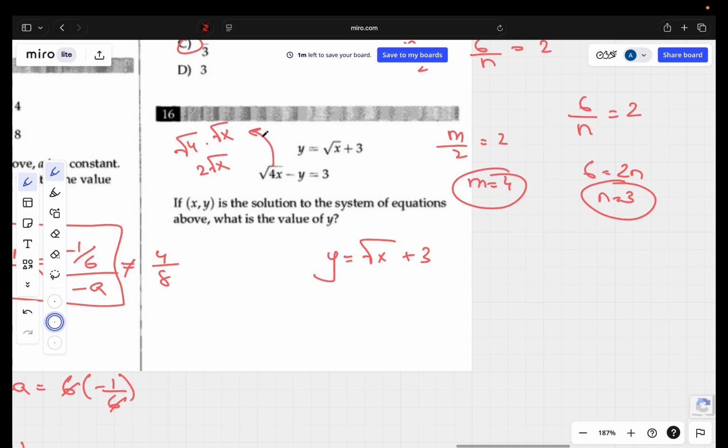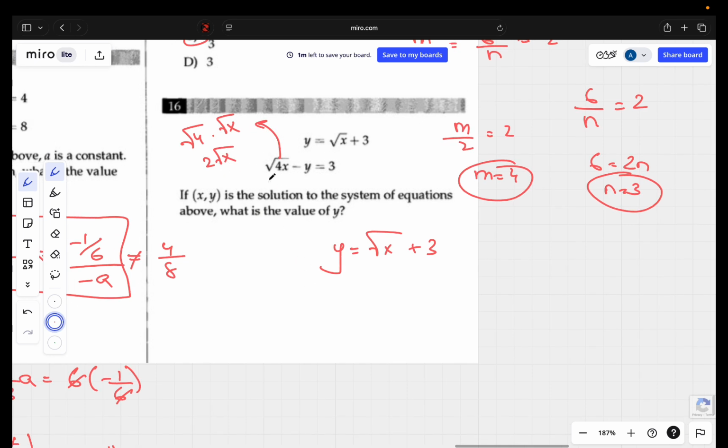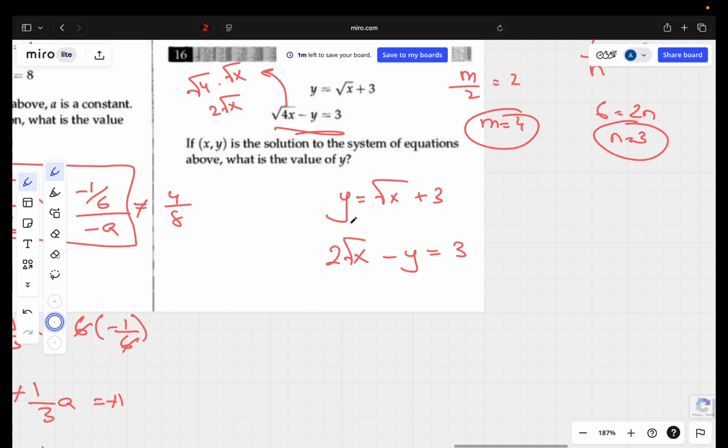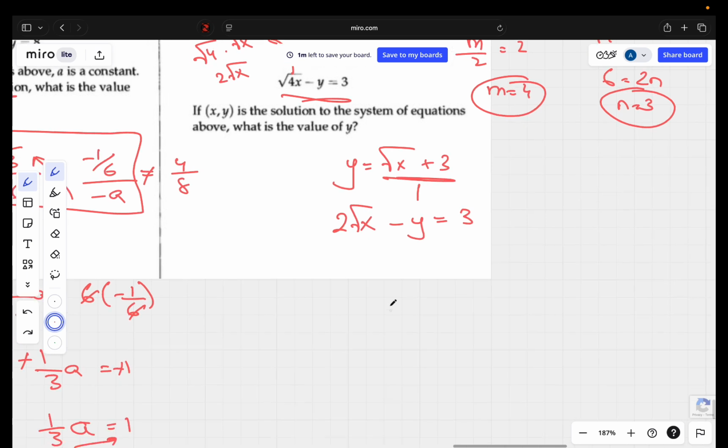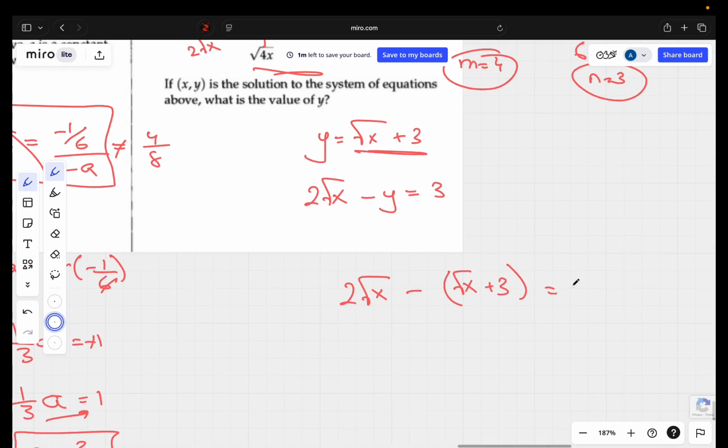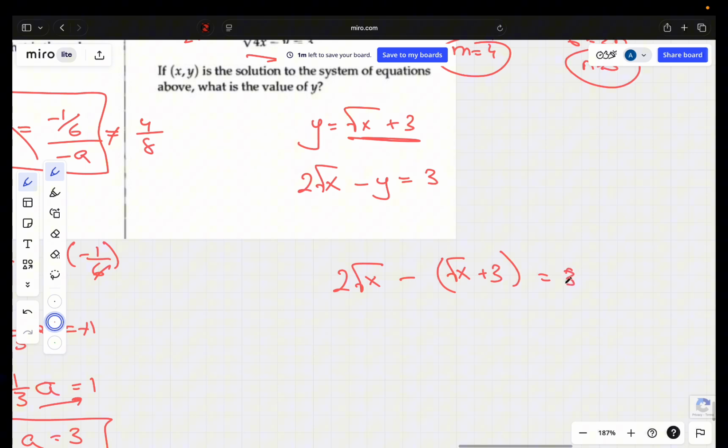So this equation will be 2 root x minus y is equal to 3. I will substitute y. Because y is equal to root x plus 3, I can simply plug that in here. So that's going to be 2 root x minus y, and y is actually root x plus 3, is equal to 3. We'll solve for this.